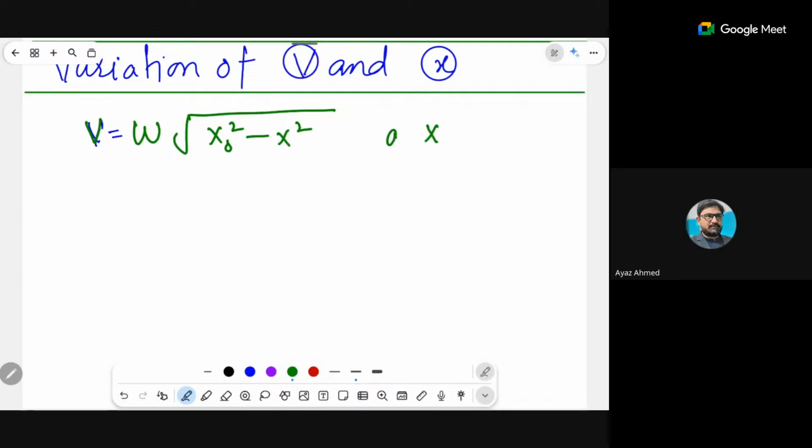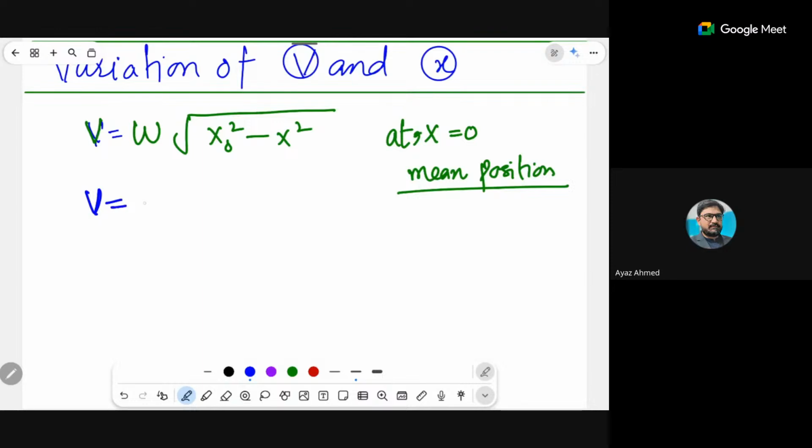Beta, at x equal to 0, yani at mean position, what is your observation at mean position? What will happen?